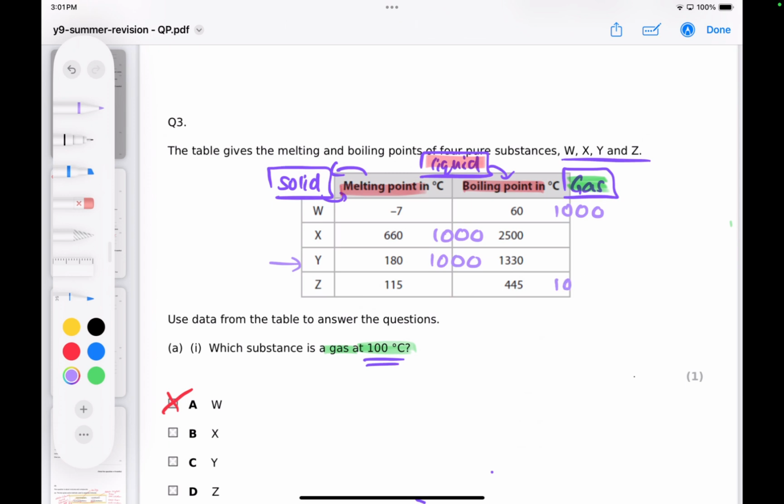And 1000 would be beyond 445 for Z. At this point, I know it cannot be W and it cannot be Z, so I've got a 50% chance of getting this question correct.